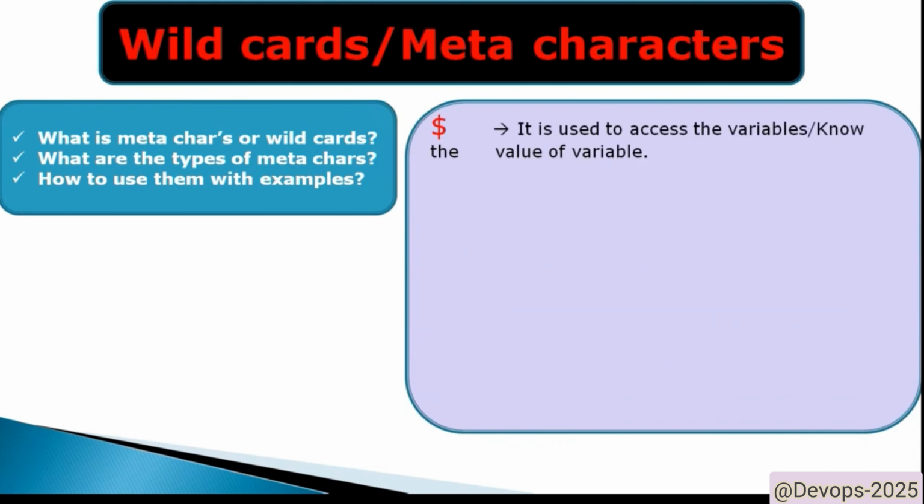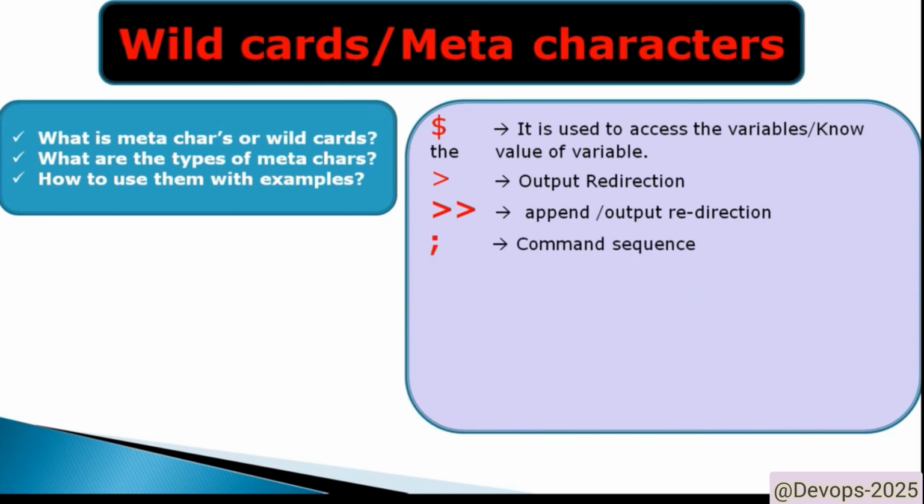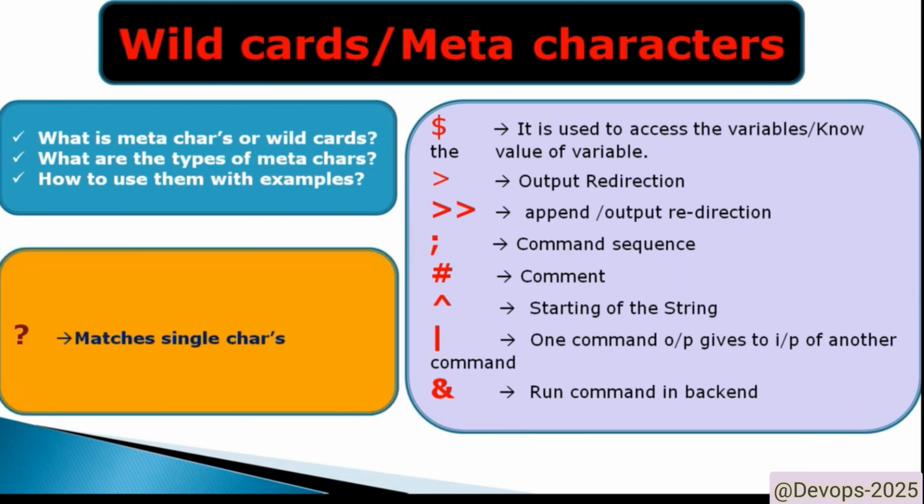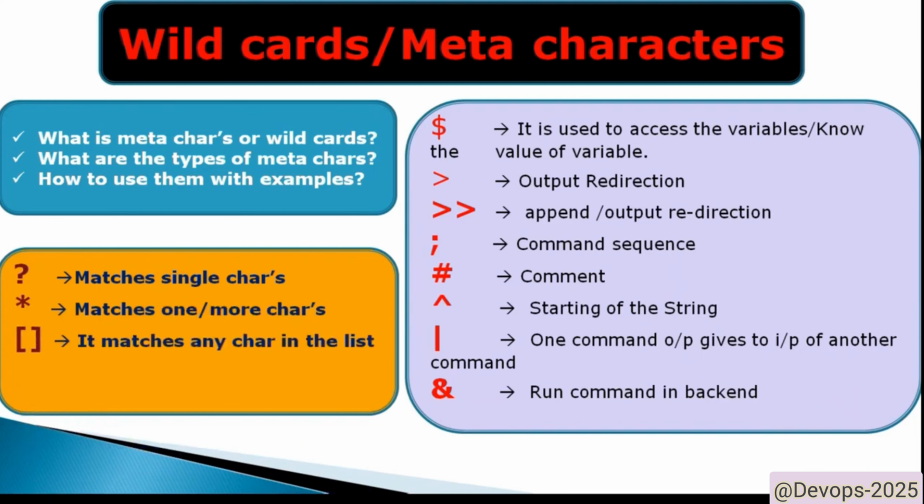Here are a few meta characters which we use frequently, which I have listed here: dollar, greater than, double greater than, sequence, comment, starting with the string caret, pipe symbol, and symbol or ampersand, question mark, asterisk, list, and range. There are multiple meta characters, and these are the few we use frequently in day-to-day activities.